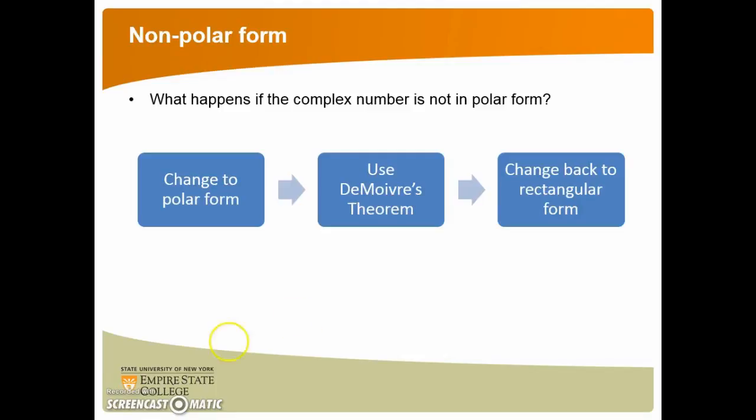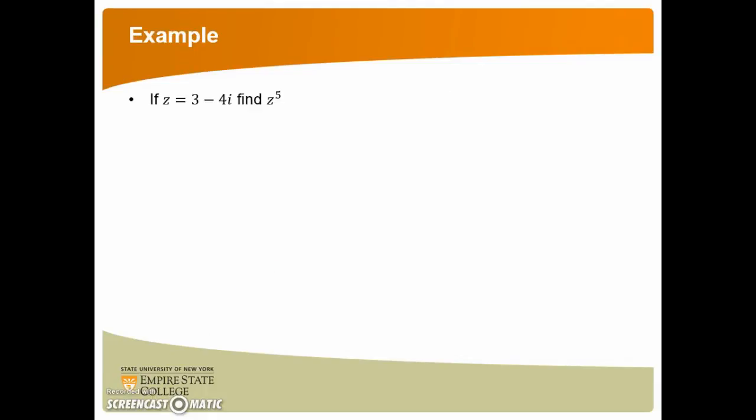Let's see an example. Suppose we have the complex number z equals 3 minus 4i, and we want to find z raised to the 5th power. First, we need to convert to polar form. In other words, we need to solve for r and theta.